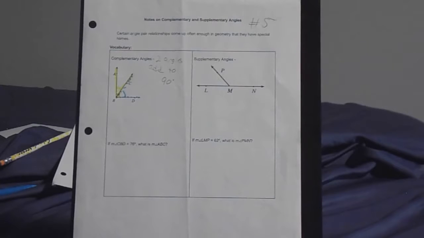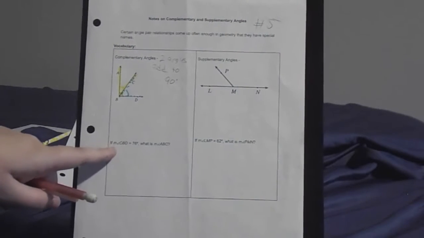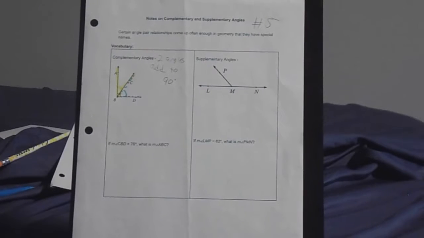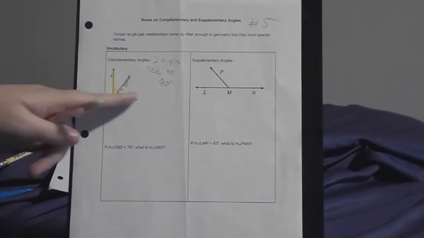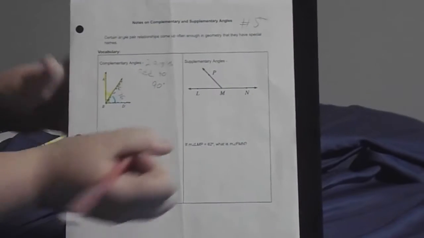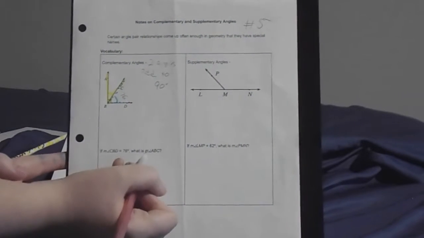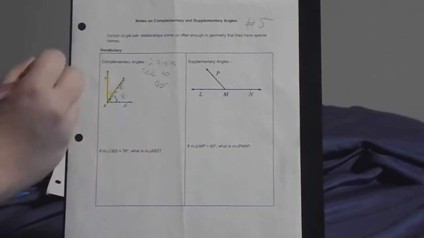Mathematically it's really easy, because if the two angles add to 90, this says if the measure of angle CBD is 76. M means the measure, so whenever you're talking about what the degree is, you put an M in front. So this one here is 76. I want to know the measure of angle ABC, this yellow one. Well, I know they add to 90.